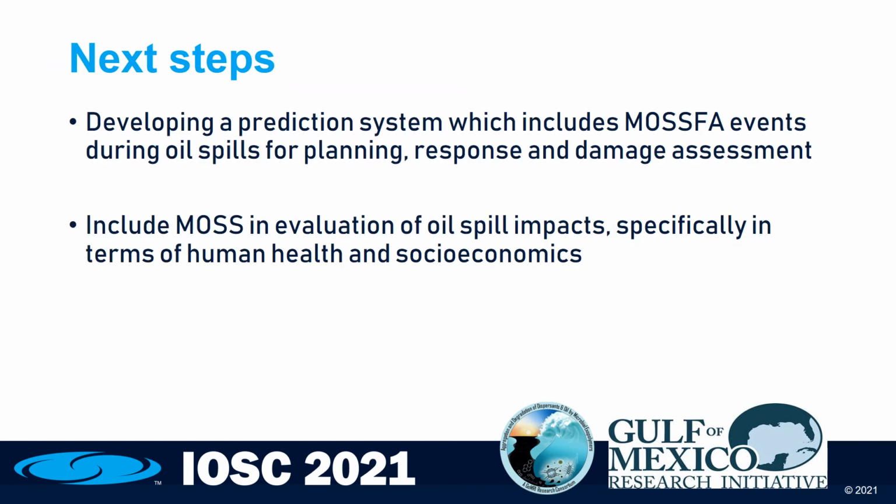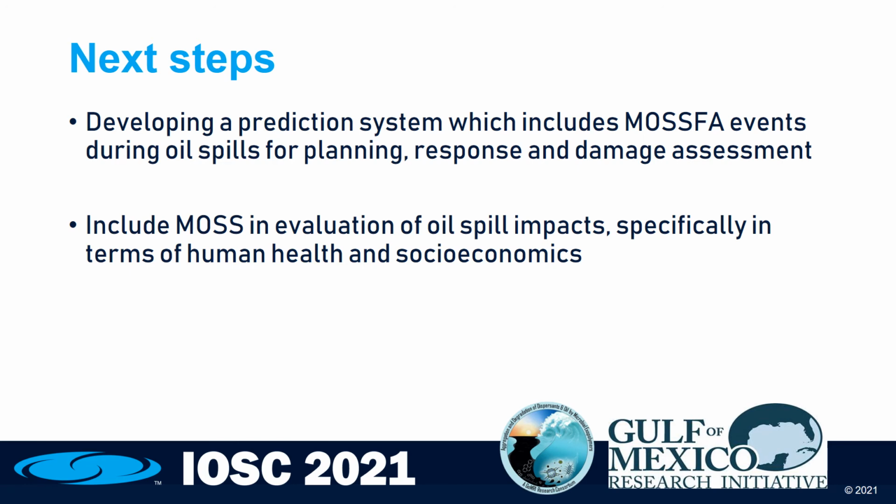Other critical next steps involve using MOSSFA as part of planning, response, and damage assessment. And we'd also like to see the use of MOSSFA in evaluating the oil spill impacts, especially in regards to humans, human health, and socioeconomics.